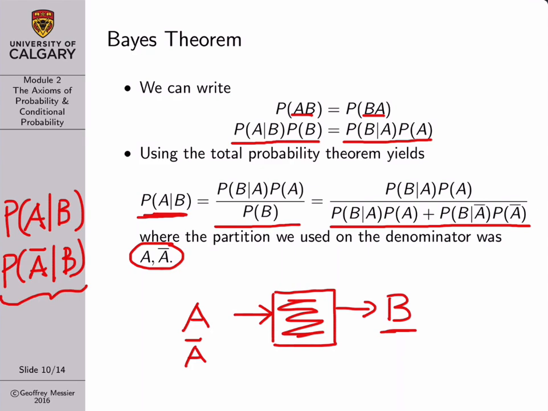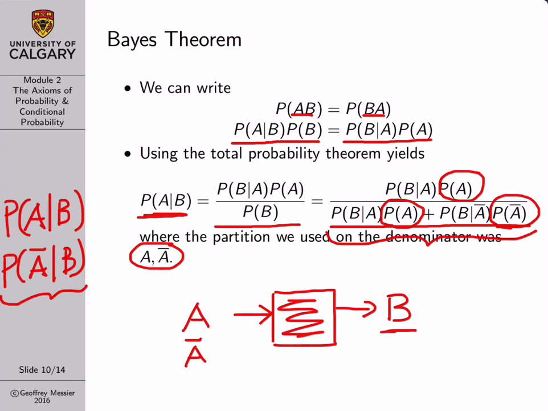And so how does Bayes' theorem help us with this? Well, it gives us an expression here that will allow us to calculate the a posteriori probability, in this case for the event A. So here we have the probability of A, the probability of A, and the probability of not A. These are what are known as a priori probabilities.